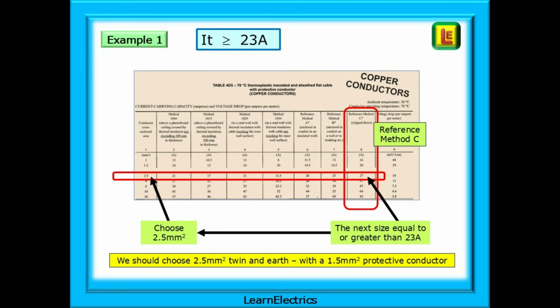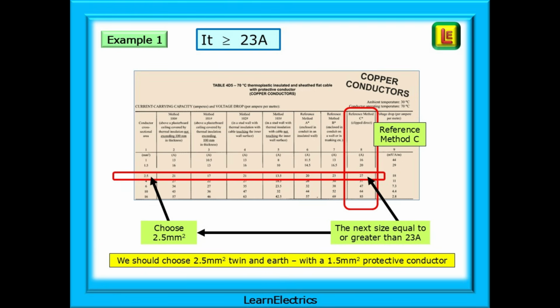Work down the column until you arrive at a value of 23 amps or more, and this is 27 amps. Now move to the left to find the live cable size in the leftmost column. This shows that we should select 2.5 square millimeter twin and earth cable, and that's how easy it is to do.